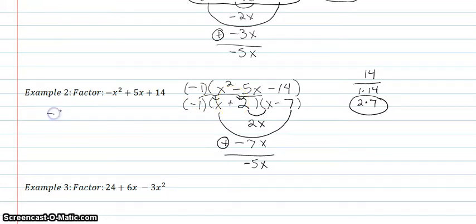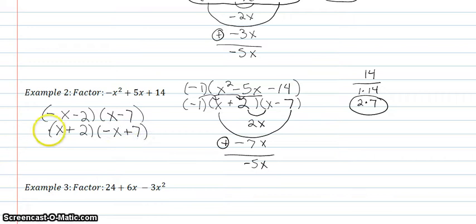So we can have a negative x minus 2 times x minus 7, or we could keep the x plus 2 positive and have a negative x plus 7. So both of these answers are correct. You just need to decide how you want to write that in the end.